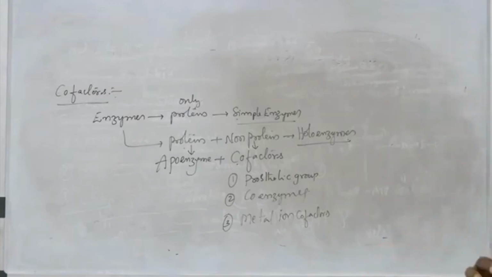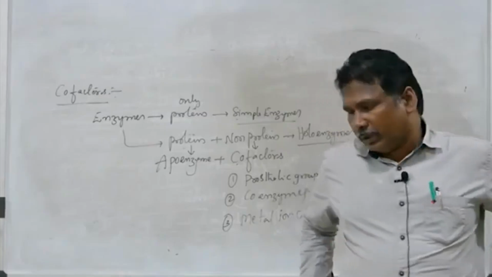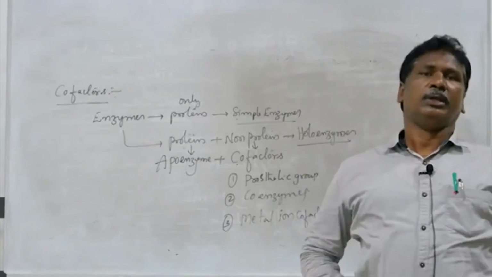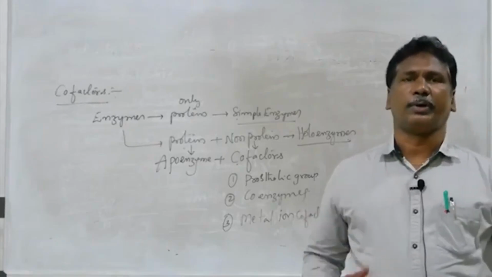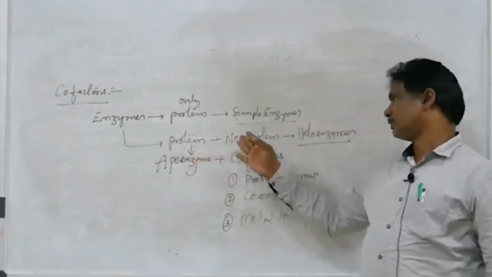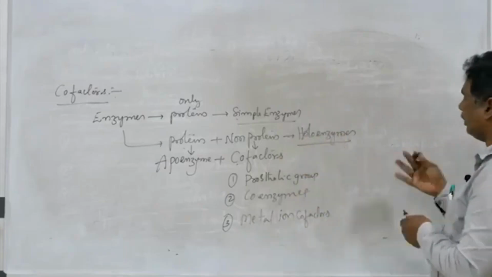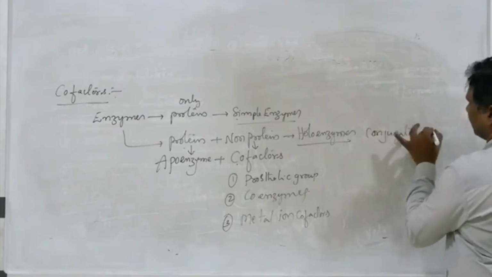Once again, you can see this one. If the enzymes are made up of only proteins, those are called simple enzymes. But most of the time, the enzyme has a proteinous part and a non-proteinous part. Such enzymes are holoenzymes, also called conjugated enzymes.